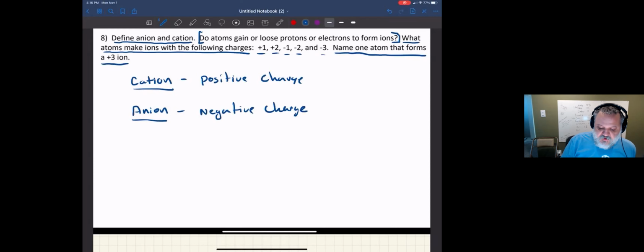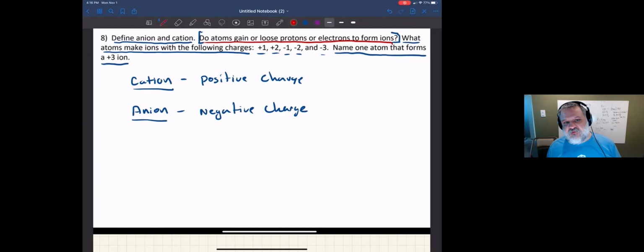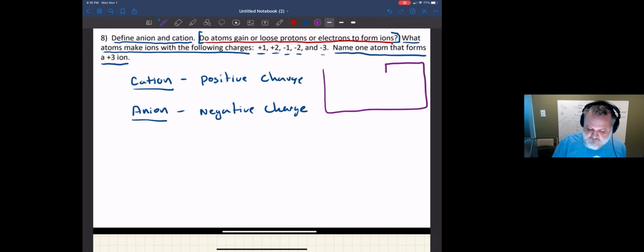All right. Now, here's an important theoretical conceptual question. Do atoms gain or lose protons, or do they gain or lose electrons to form ions? Well, don't forget, if we got out our periodic table, that the atomic number, hydrogen is atomic number 1, tells us how many protons there are.